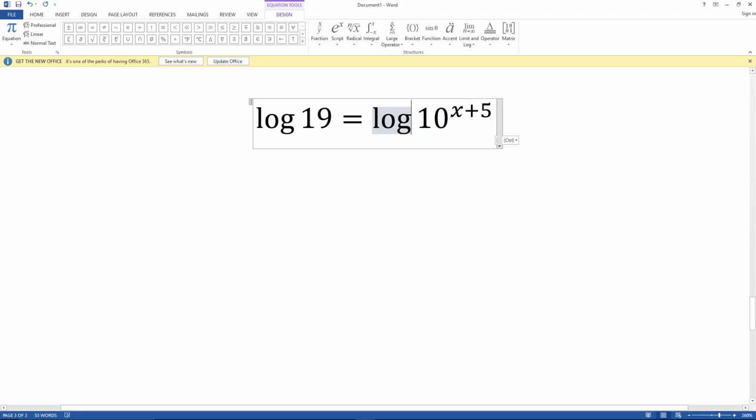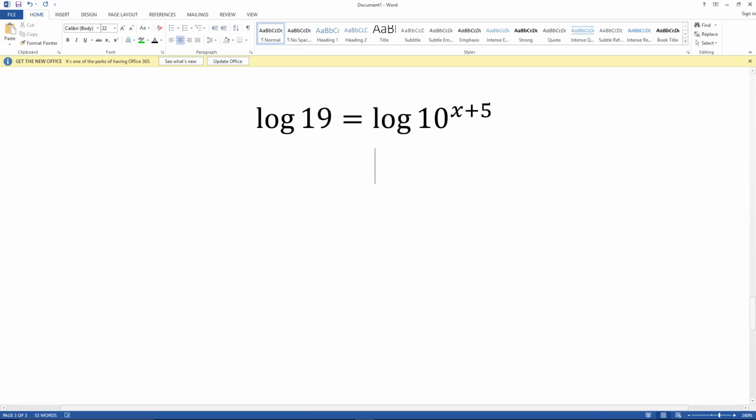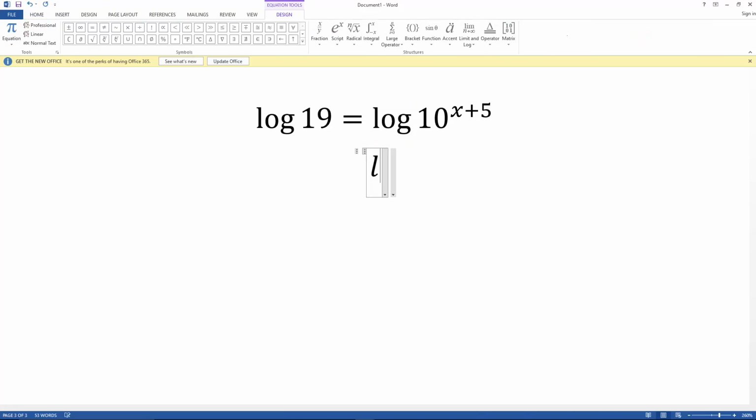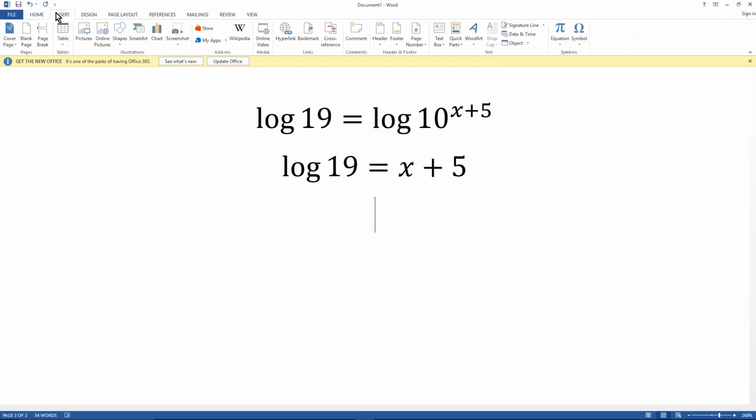What are you left with on this right-hand side? X plus 5. Very good. So you're left with log of 19 equals x plus 5. And how do you get x by itself? Subtract. Right.